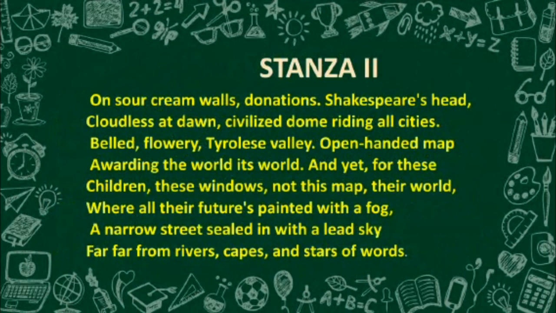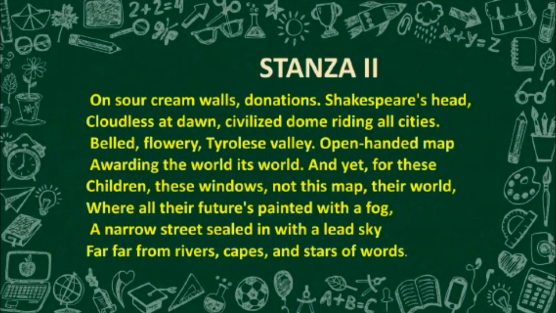Anyways, what are the things kept on the wall? Shakespeare's head. There is a portrait of Shakespeare, a picture of Shakespeare. There is a scenery: cloudless at dawn, civilized dome riding all cities, belt flowery, Tyrolese valley. So let me tell you what things are there.